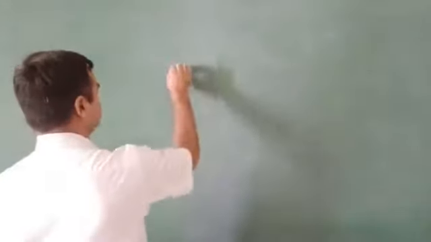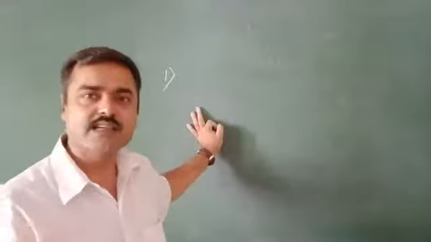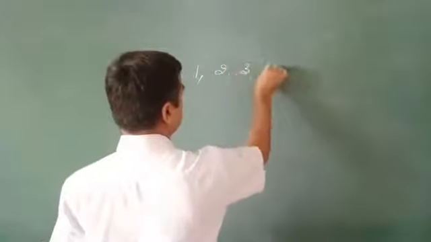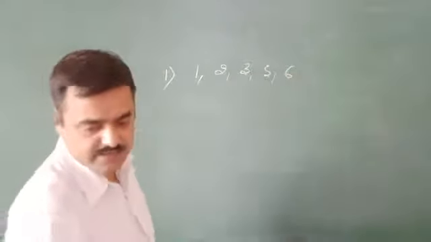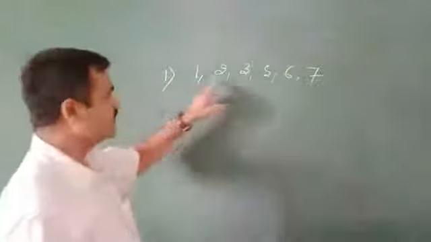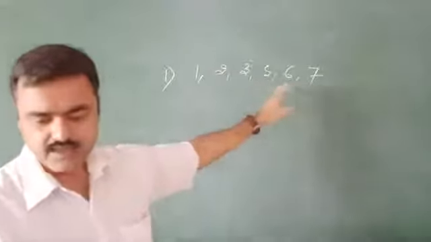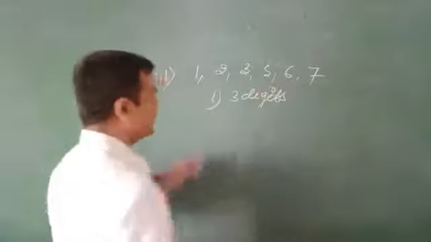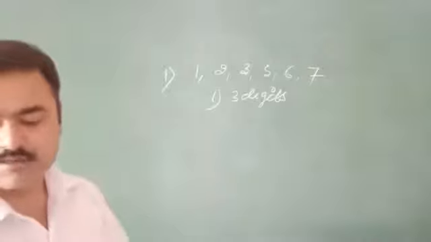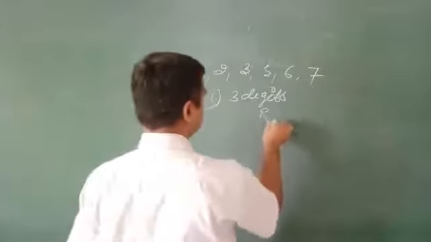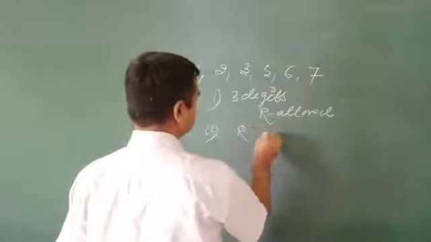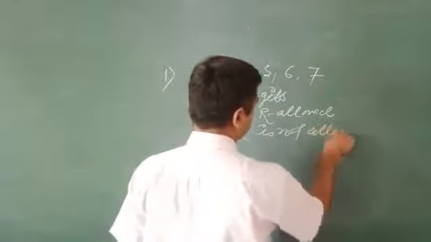Question 1: how many 3-digit numbers can be formed with the digits 1, 2, 3, 5, 6, and 7, if repetition of digits is allowed, and the second part, if repetition is not allowed. There are two parts of this question.